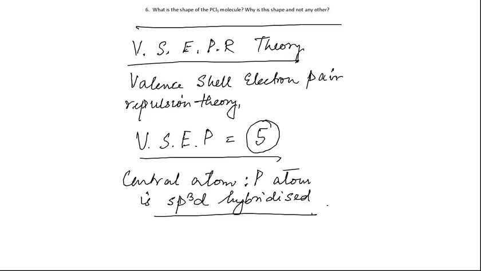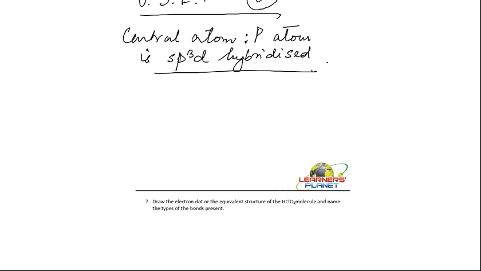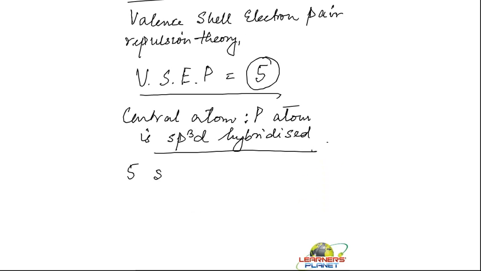In this hybridization, one s, three p and one d orbital of almost equal energy are involved in forming 5 sp3d hybridized orbitals.